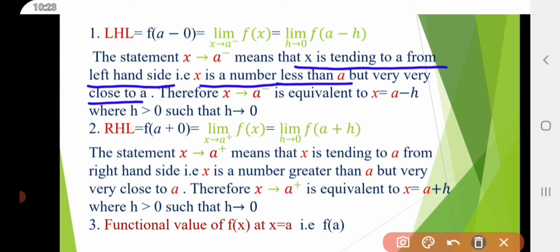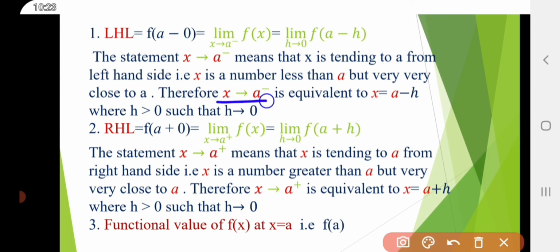Therefore, x tends to a minus is equivalent to x equal to a minus h, where h greater than 0 such that h tends to 0.